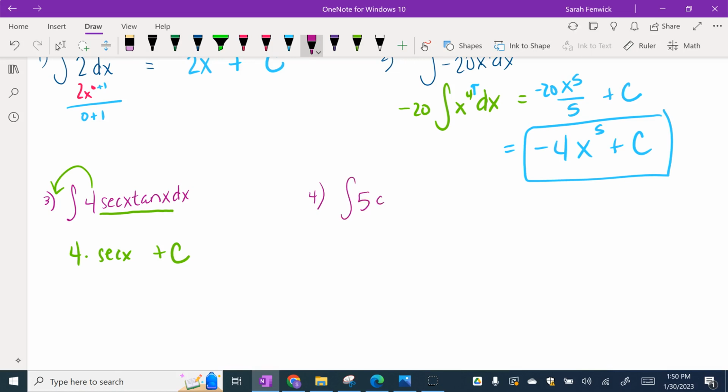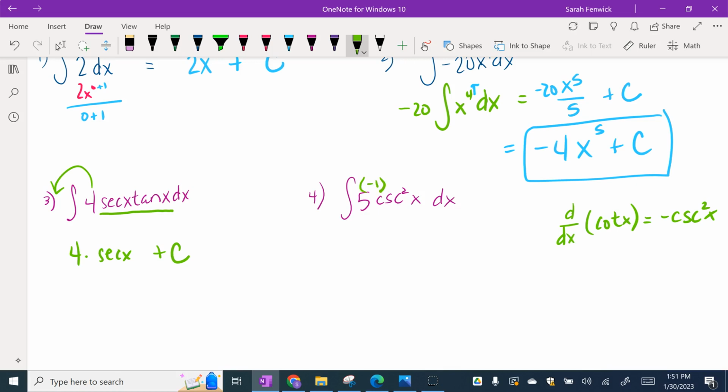Integral of 5 cosecant squared x dx. Well, cosecant squared, actually, the derivative of cotan x equals negative cosecant squared x. So since this is positive and I want it to be negative, I'm going to multiply by negative 1 here.